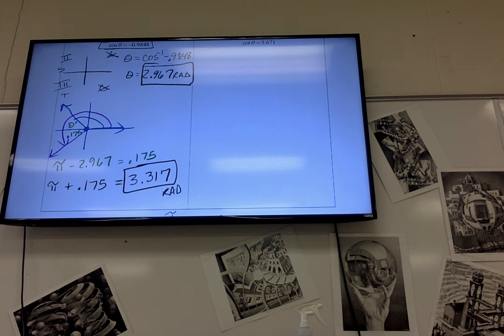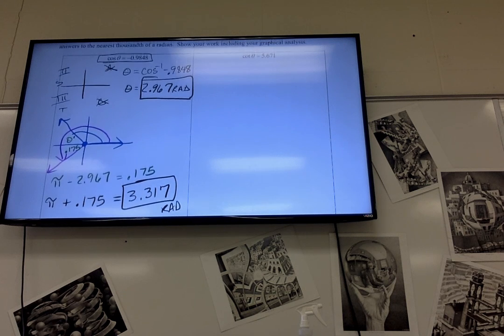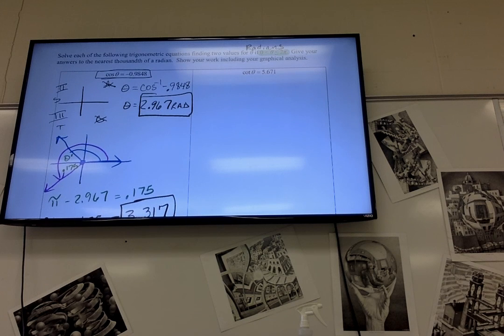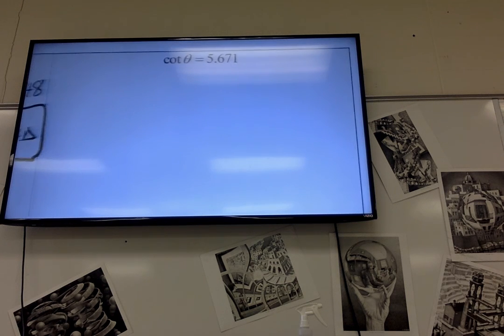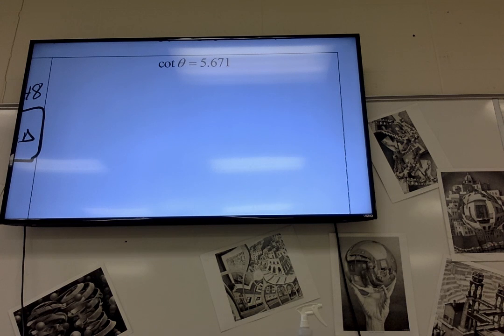Questions? Okay, so we're in radians. So if we haven't done it yet, back up. Change your calculator to radians, because on this next page it is in radians. Good. And this one is the cotangent is equal to this. Well, we don't have a cotangent button.